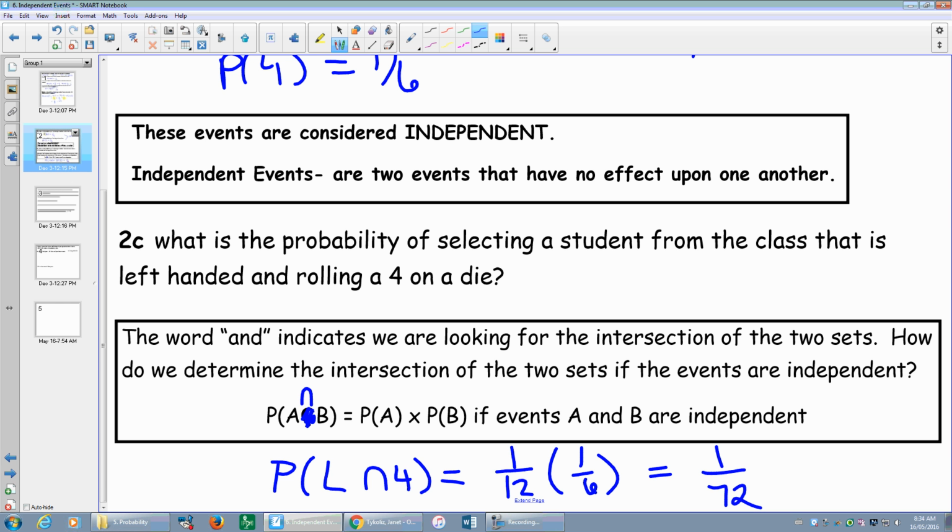That's the probability of selecting a student from a class that is left-handed and rolling a 4 on the die. Any questions with that?